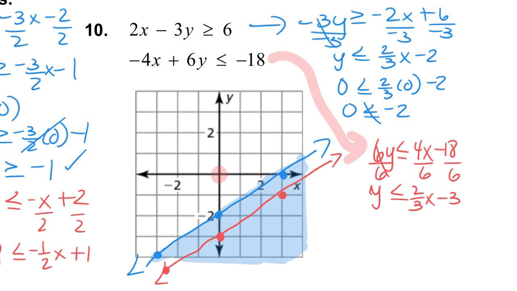It's not on the boundary line. 0 is less than or equal to 2/3 times 0 minus 3. 0 is less than or equal to negative 3. Is that correct? Incorrect. So I'm going to graph below, which gives me right down here.